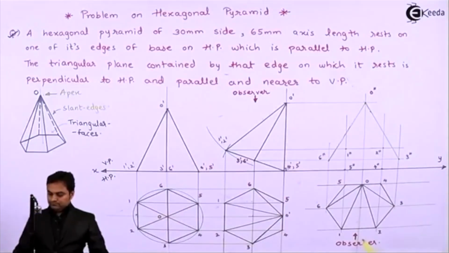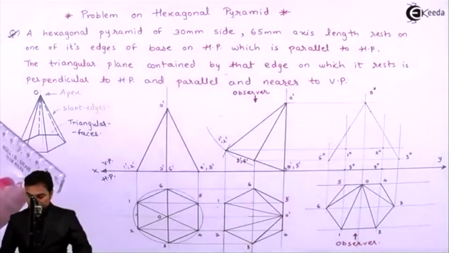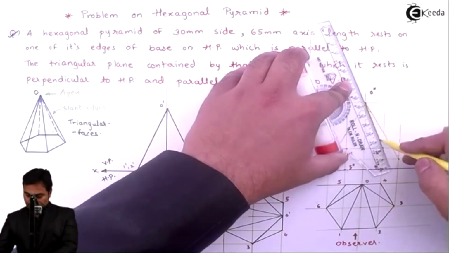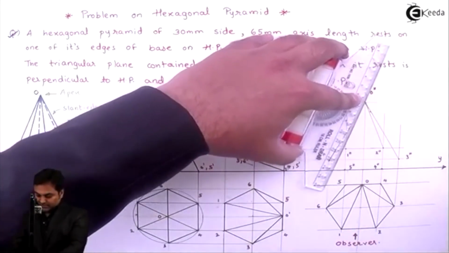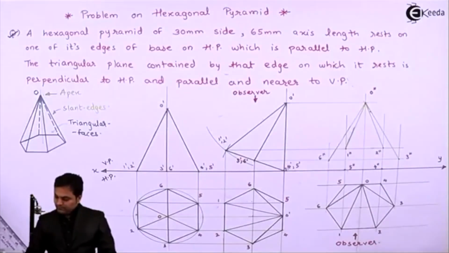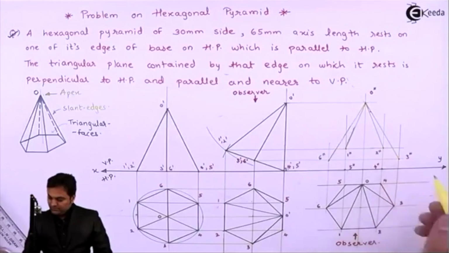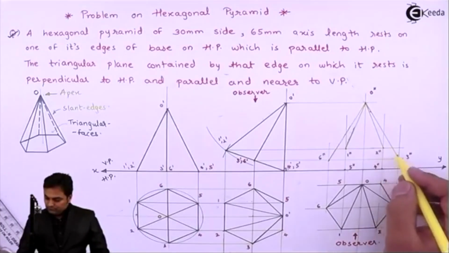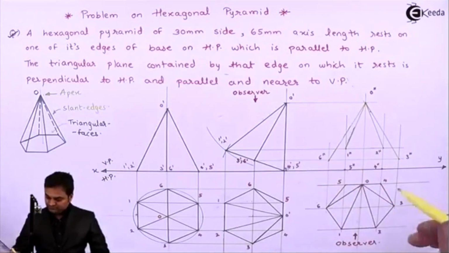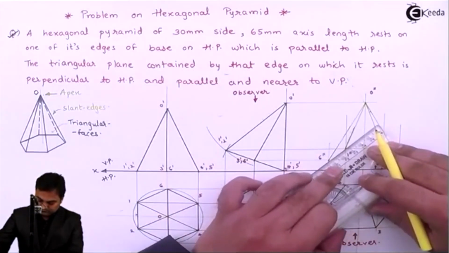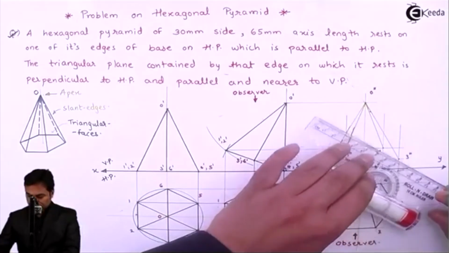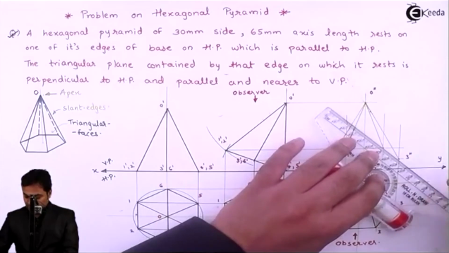Then O double dash to 2 double dash. O double dash to 1 double dash. After this, the edge 2 3 will be visible, and edge 1 6 will also be visible. So 1 double dash 6 double dash, 2 double dash 3 double dash visible.